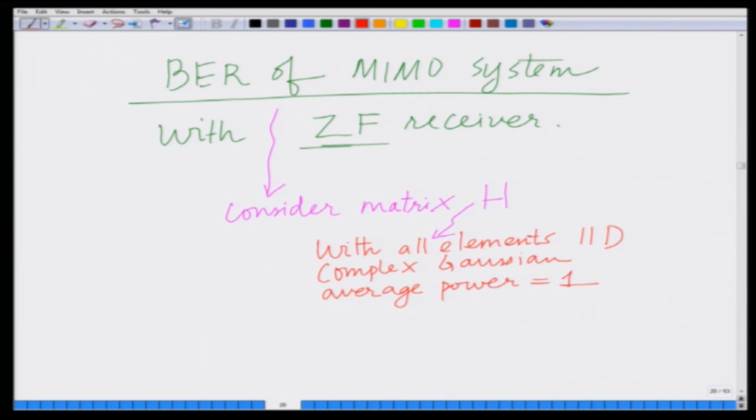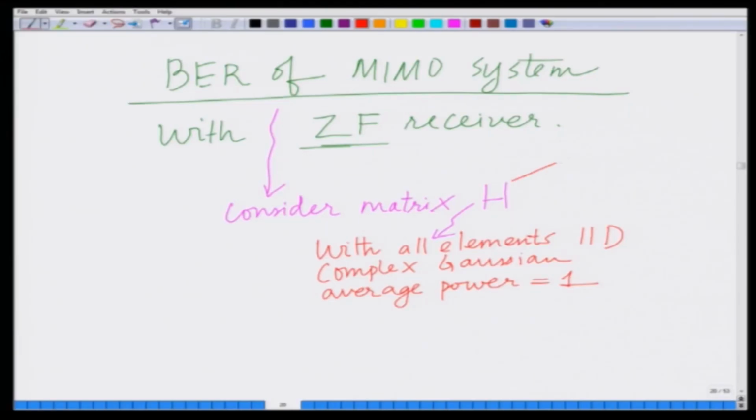Alright. So, we are considering a channel matrix H in which all the channel coefficients Hij are IID complex Gaussian, that is they have a Gaussian real part, Gaussian imaginary part with average power 1, which means all the channel coefficients are Rayleigh fading with average power 1. These are IID Rayleigh fading coefficients with average power 1.